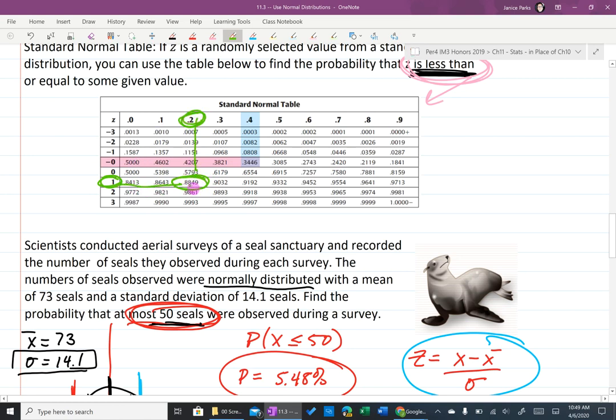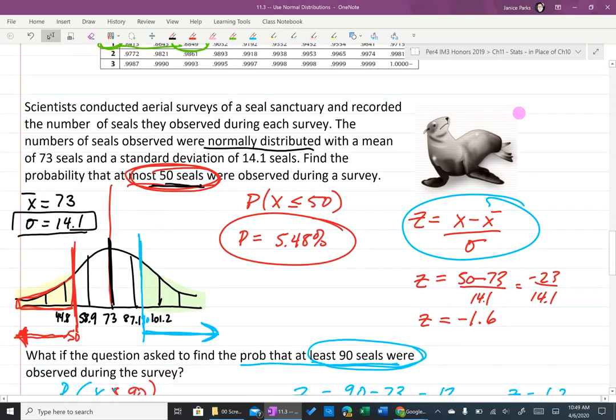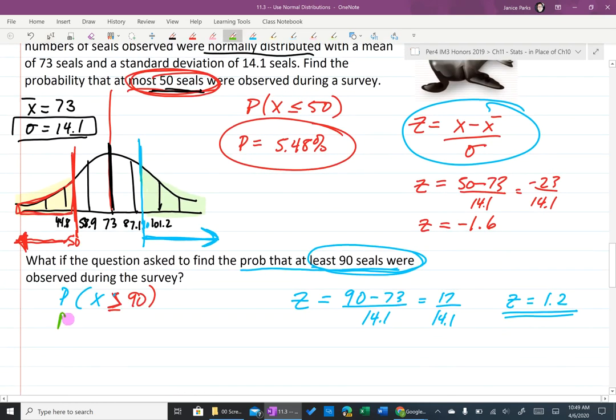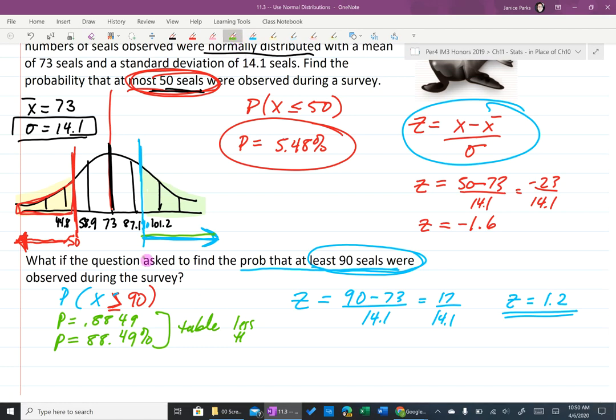So that's 0.8849, that's 88.49%, which doesn't make any sense for our part. The reason why is that the table gives you less than. So the table actually gives you all of this number over here, 88.49. So we need whatever's left over.